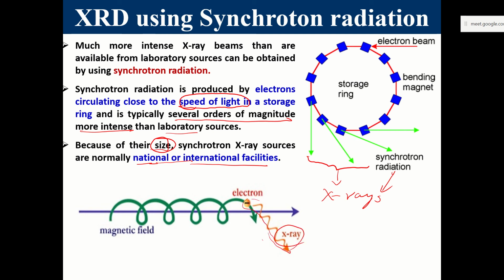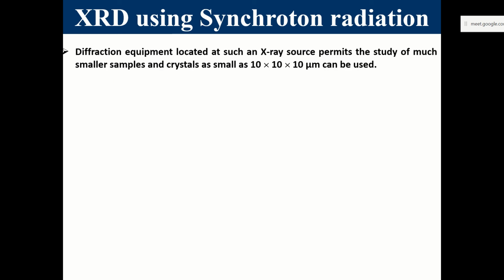That is X-ray, and this X-ray is then passed through the crystal and the diffraction pattern is obtained. The signals are much more intense when you do it with a synchrotron, but in one country there might be only one or two facilities.